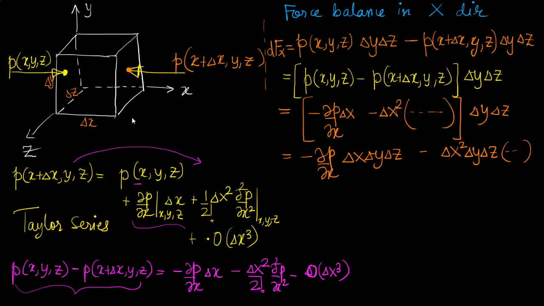Now delta x delta y delta z can be identified as delta v, that is the volume of the fluid element. So let us divide everything by the volume.